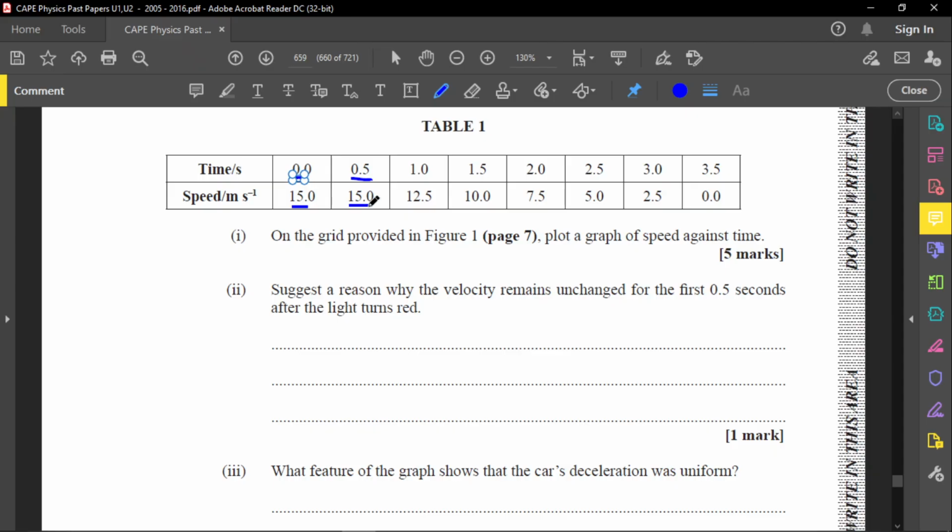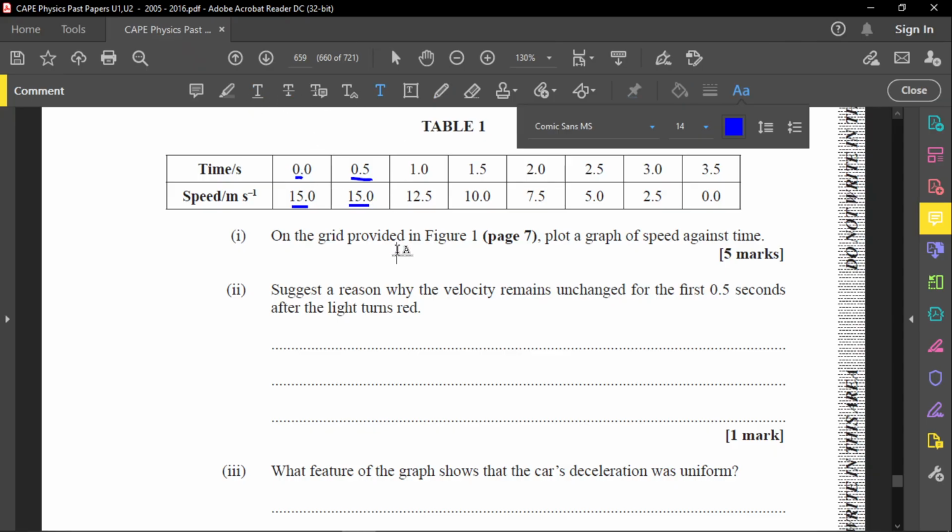So they're asking why the speed at this point remains unchanged. So let's talk about the possibility. Now, remember, the person will see the light, right? And then applies the brake. And remember, even this question states that the brake was applied at 0.5 seconds after seeing the light.